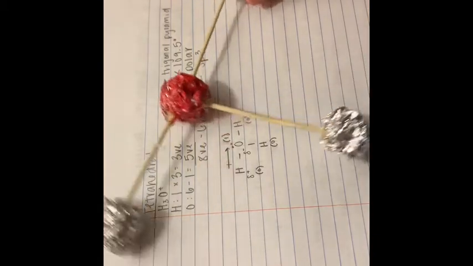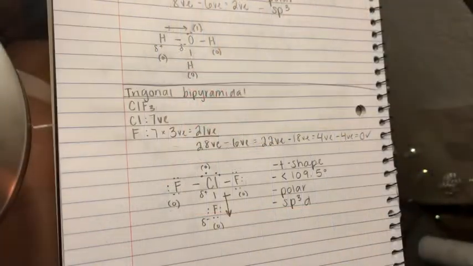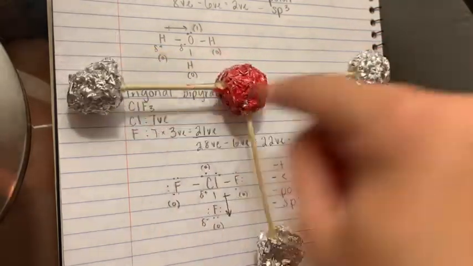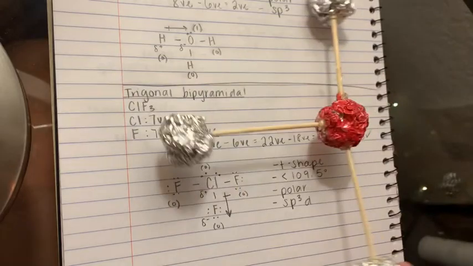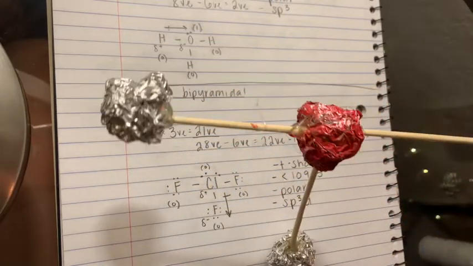And then my example for this one is right here. It looks like this. And for this one, I created this. You can see that there's that T shape there.